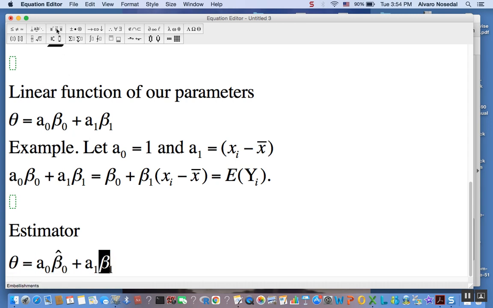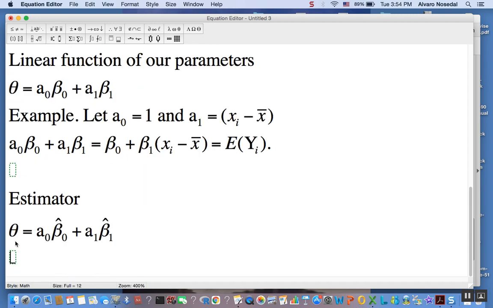Make sense? This is by the invariance property of MLEs, because our least squares estimators of beta 0 and beta 1 are also maximum likelihood estimators. Okay, so that's a good idea by the invariance property. Let's keep going.